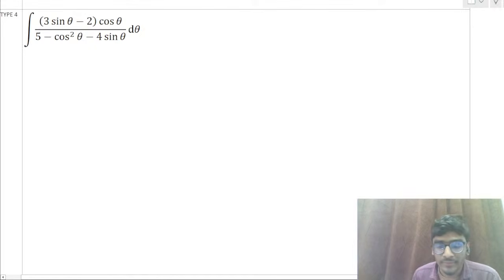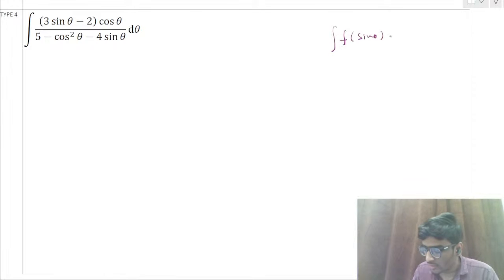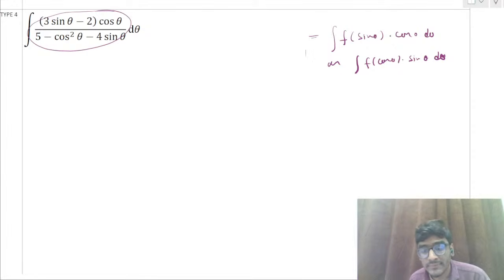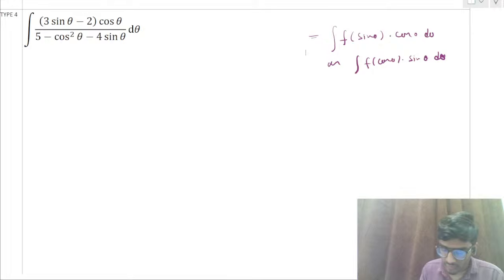How are we going to solve it? We will try to write this integral as f of sine theta times cos theta d theta, or f of cos theta times sine theta d theta. As you can see, here we have the sine term, and we can see this integral is of this type. So what we are going to do?